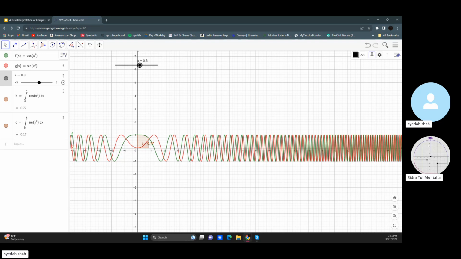The area under the curve. And the range is from -5 to 5. I guess the range of the interval is from 0 to A, so -5 to 5. So it is 0 to 0.5 right now. So you can actually hide one area and look at the other area.